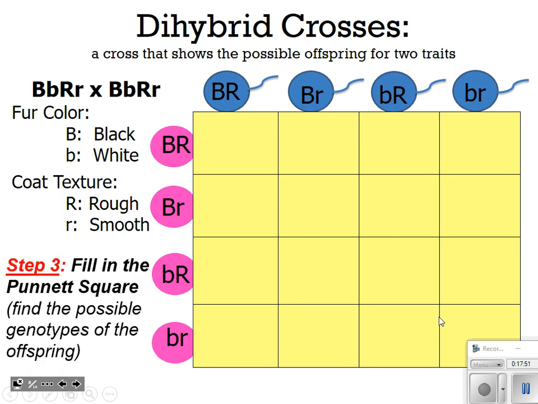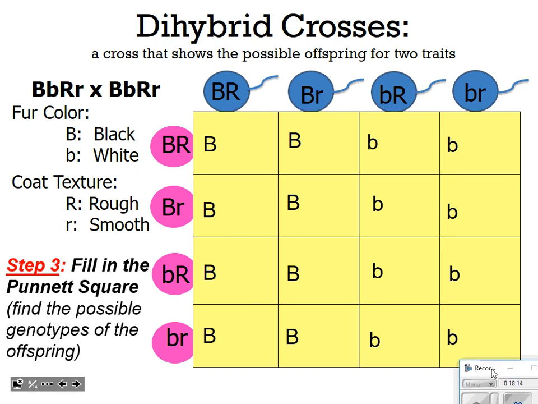So what I need to do is fill in the Punnett square. So go ahead and do that. You can see that I'm doing it right now. I'm filling in everything with where it needs to go. Okay, still filling in. I'm going to move this just a tad bit down.